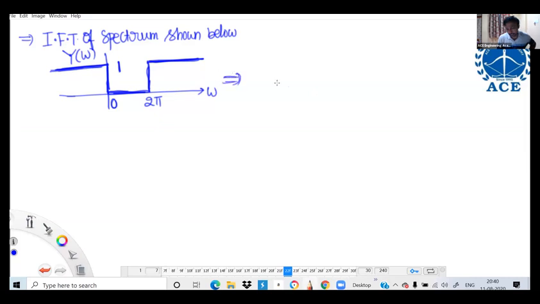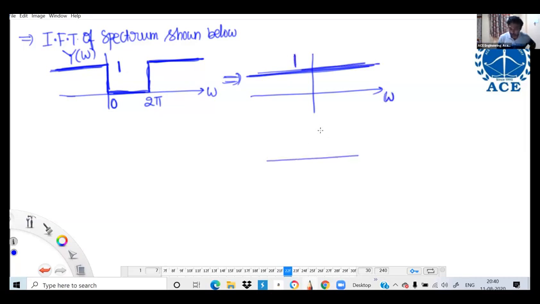This can be written as 1, and from that subtracting 1 minus this one. When you subtract this from 1, we are retaining this graph or not, sir? Listen here.